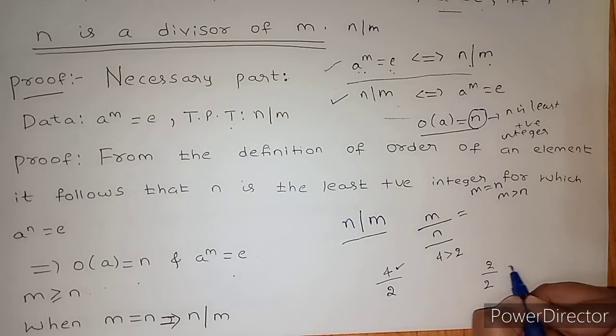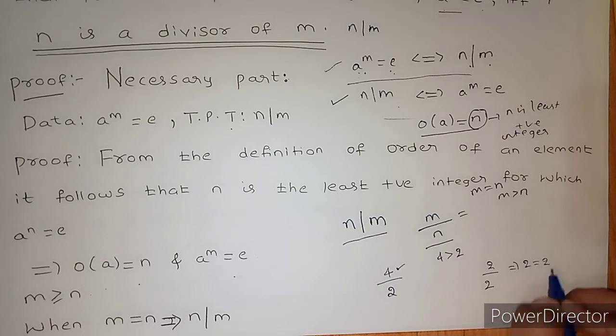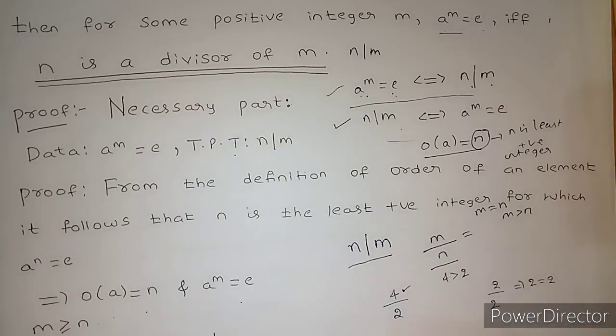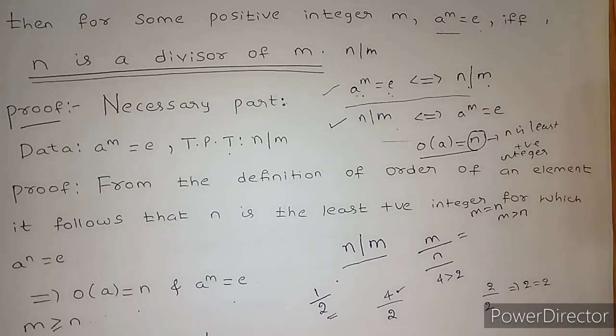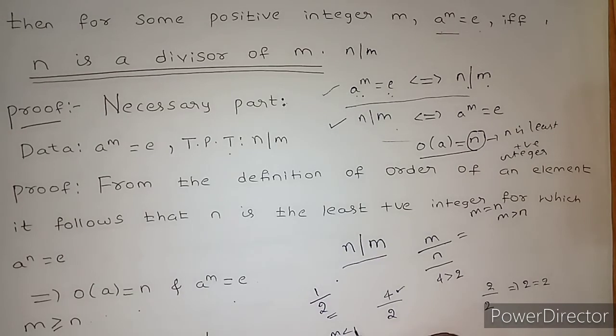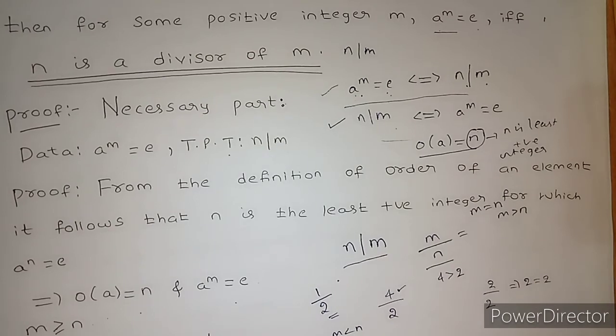Likewise, 2 divides 2. Here 2 is equal to 2. Does 2 divide 1? No. So here the less than condition is not possible. We cannot take M less than N.